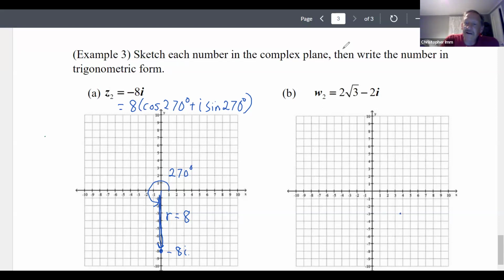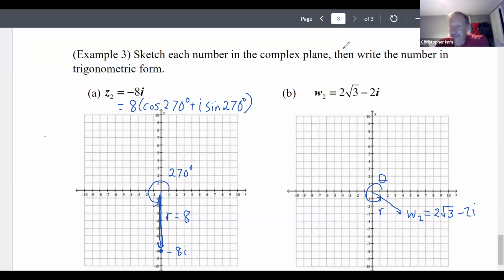So I'm right about there. And that is going to be where my w2 is. It's going to be 2 root 3 and negative 2i. So now what I need to find is the angle here, theta, and the modulus r.